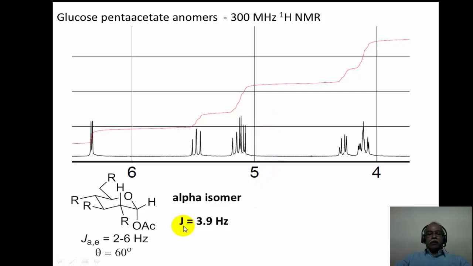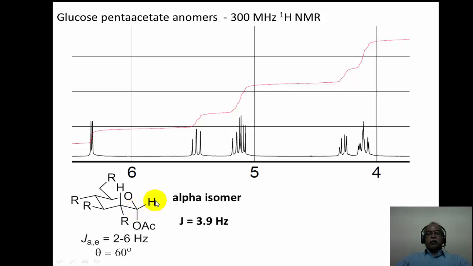Now earlier we saw the glucose derivative, which is identified on the basis of the chemical shift value of the anomeric hydrogen. One can also use the coupling constant of the anomeric hydrogen to determine the stereochemistry of this molecule. Let us take glucose pentaacetate, both the alpha anomer as well as the beta anomer. This is the beta anomer of the pyranose ring that is shown here, and this is the anomeric position carbon.